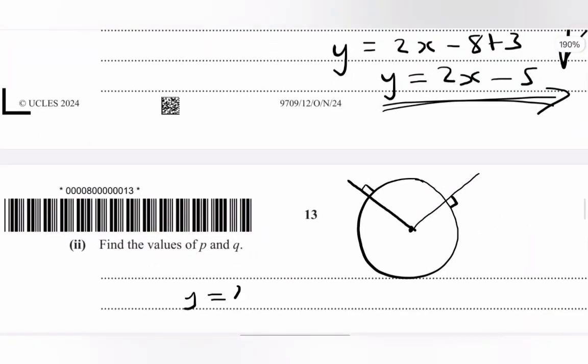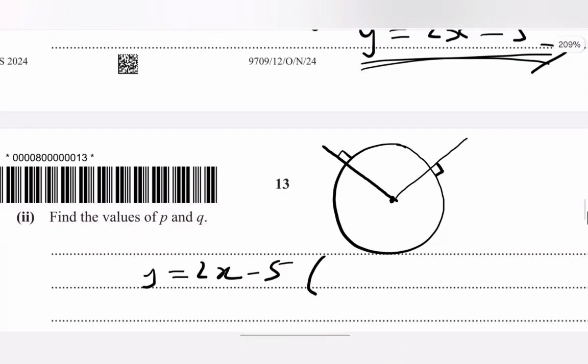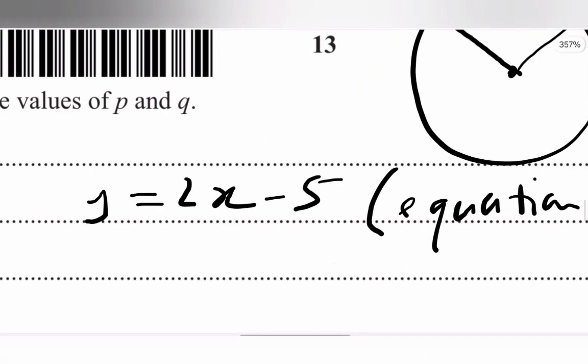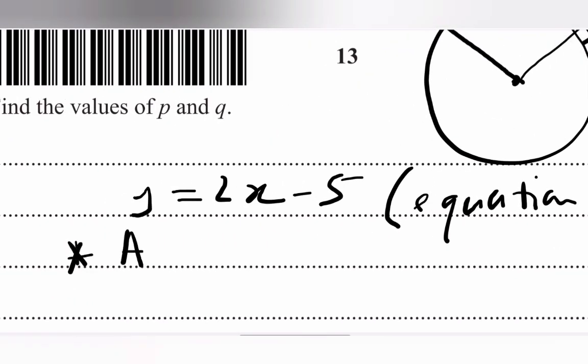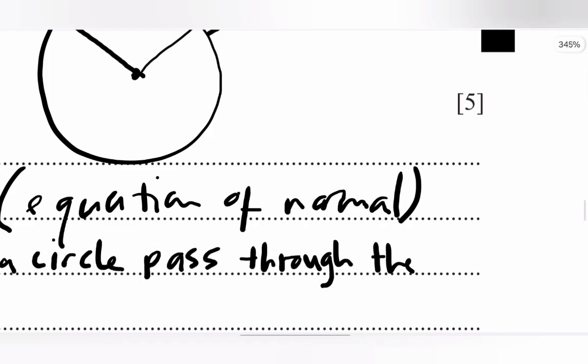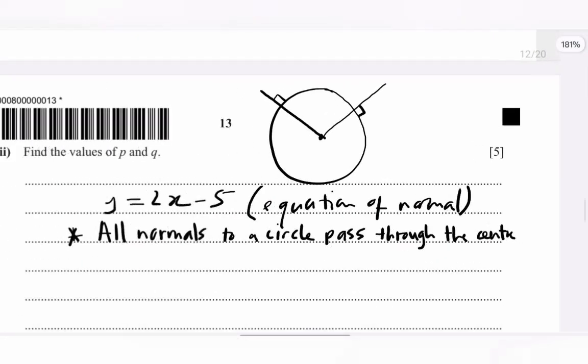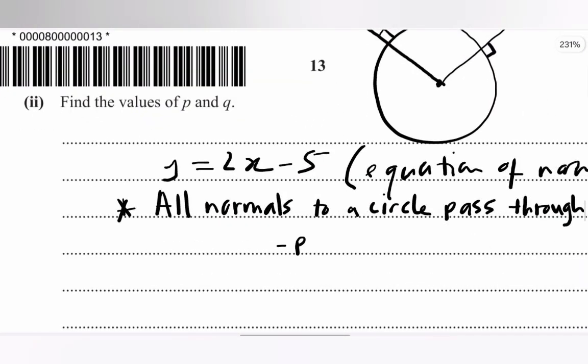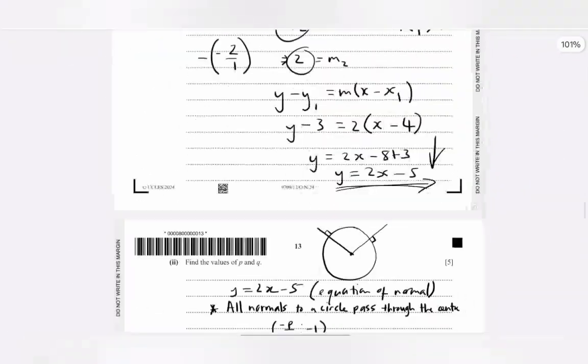So y equals 2x minus 5 is the equation of the normal, and all normals to a circle pass through the center. Therefore, the coordinates of the center are minus p over 2 and minus 1. Let me just confirm. Yes.